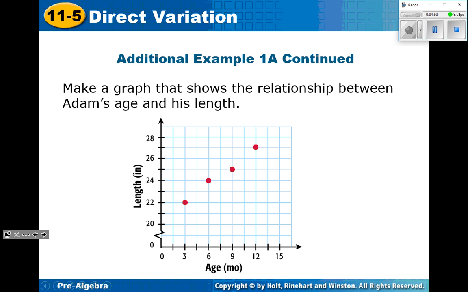If you were to plot those points from the chart on the previous slide, you would get this graph, and you can see that it is not linear. So that's another thing you can use to determine that it is not a direct variation situation.